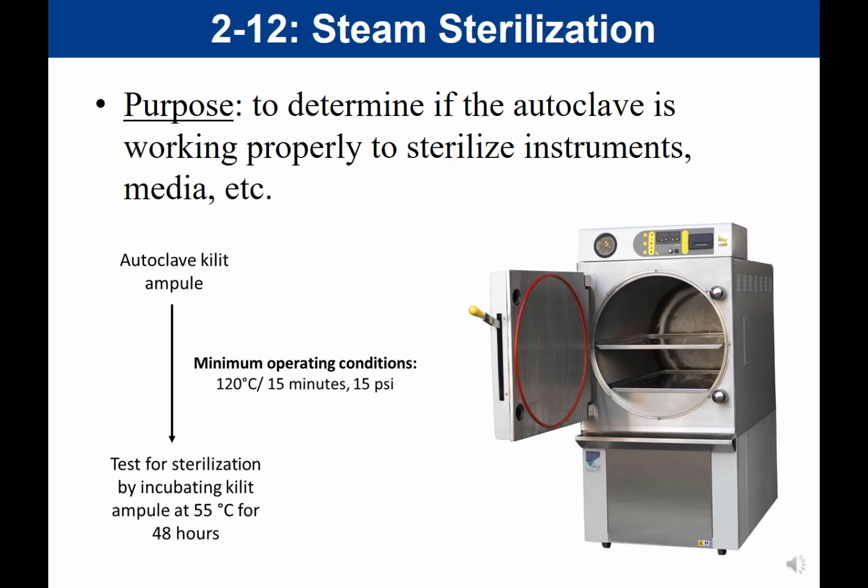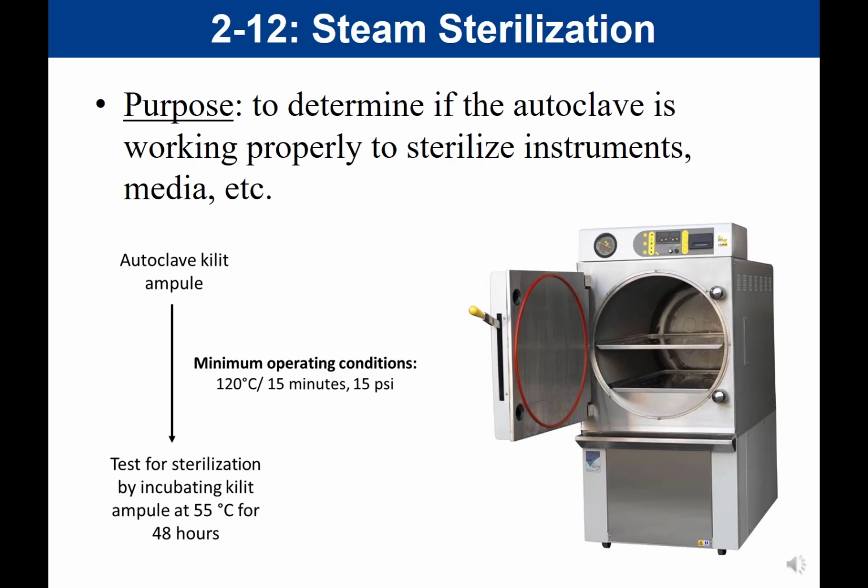So we take our ampule, we put it in our autoclave, and we run it under the minimum operating conditions. After we run it through the autoclave, we take that killet ampule and we incubate it at 55 degrees for 48 hours. Now, the purpose of that, and we saw this in the temperature experiment, is that Bacillus stearothermophilus grew best at 55 degrees.